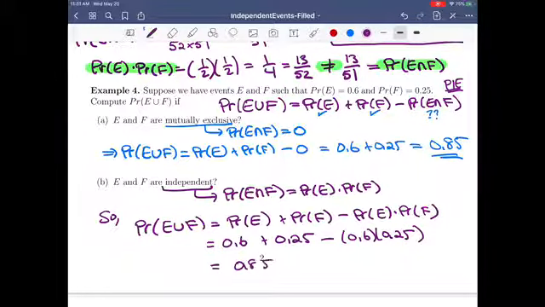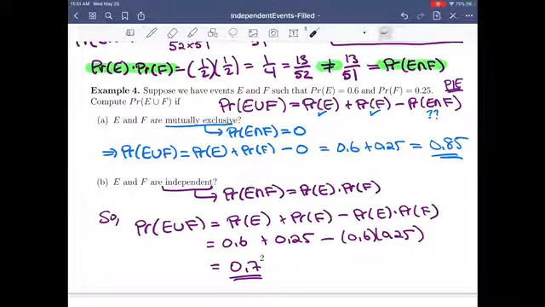So we get 0.85. Sorry, not 0.85, that's only the two added together. If we do it all, we get 0.7 as our answer.